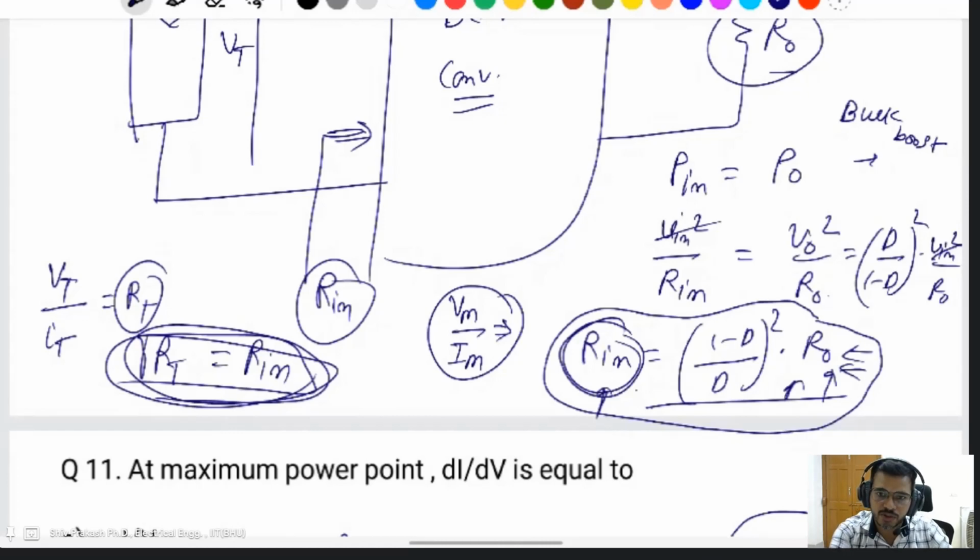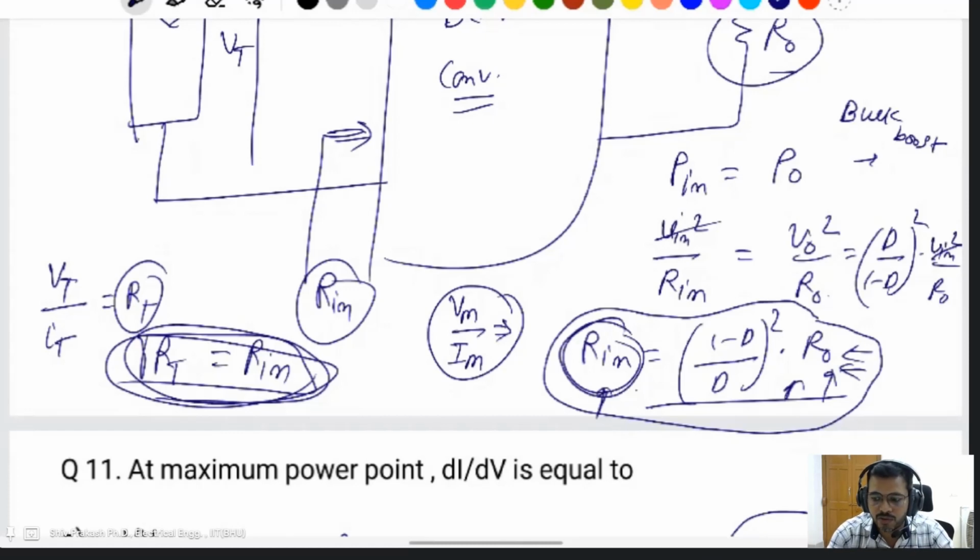The duty cycle also changes at every point. We will get the maximum point by matching RT to R in. The duty cycle will be continuously changed. If you change the load also, at that time the duty cycle also changes to match the input resistance. All of this phenomenon is done in the microcontroller.